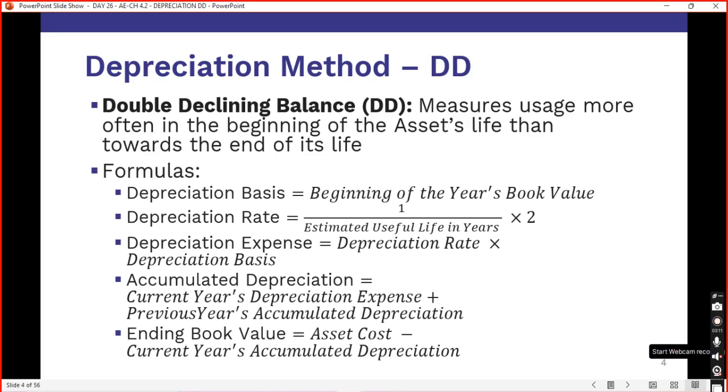Under double declining balance, or accelerated rate, they're interchangeable, but in this case it's mostly known as double declining. When we use our fixed assets, we have a huge tendency to use more of it in the beginning stages of the asset's life, and then we use it less as it ages over time.